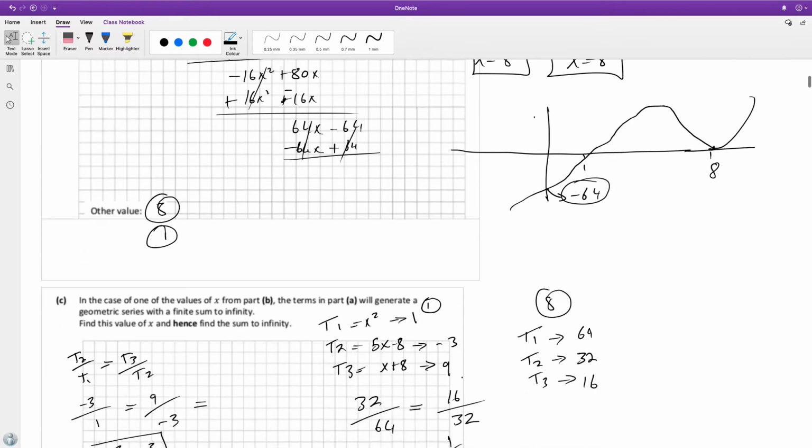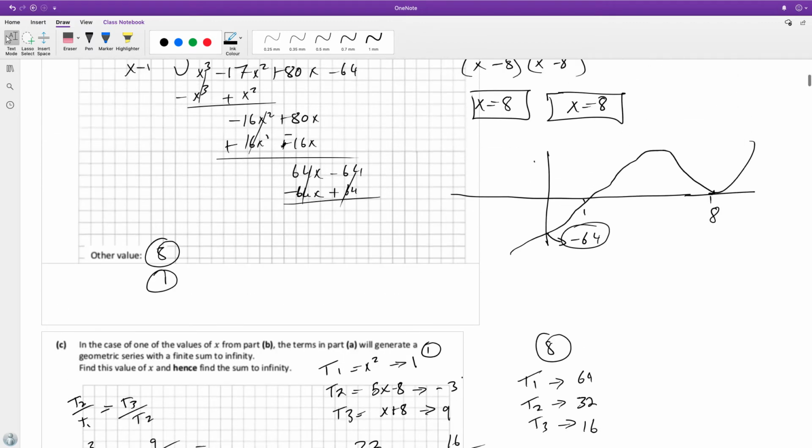Find the value of x. One value is 8. One value is 1.